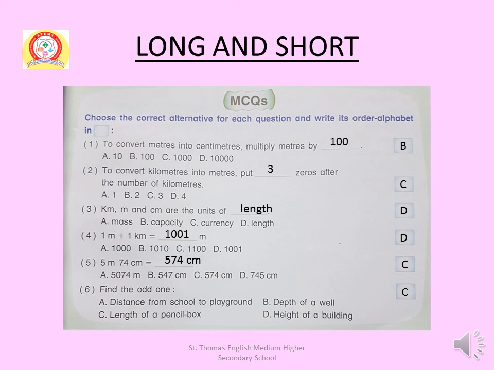Option C, pencil box is in centimeter. That is smaller length. So the odd one is pencil box. That is C. So C is the right answer. Length of a pencil box.